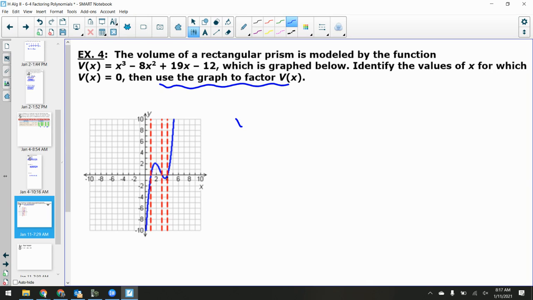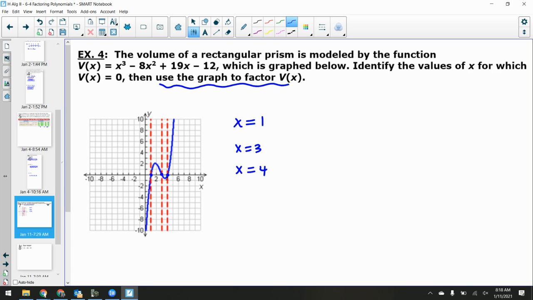I see x equals 1. I see x equals 3. I see x equals 4. Okay, and all I'm doing is just picking these right off of our graph here. Here, here, and here. I see 1, 3, and 4.